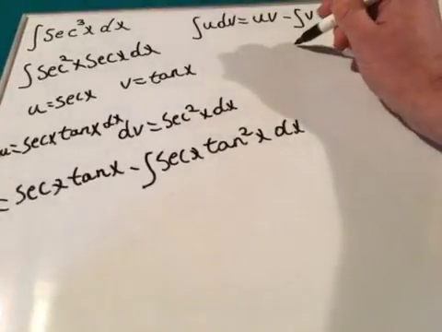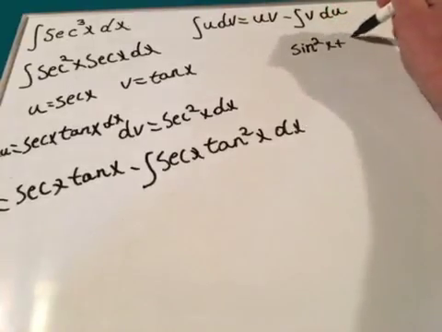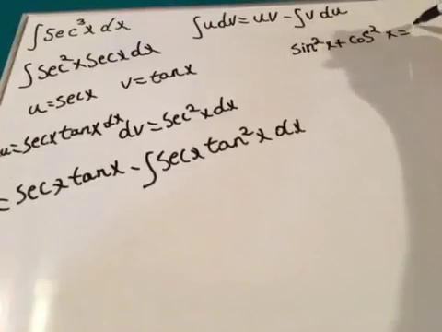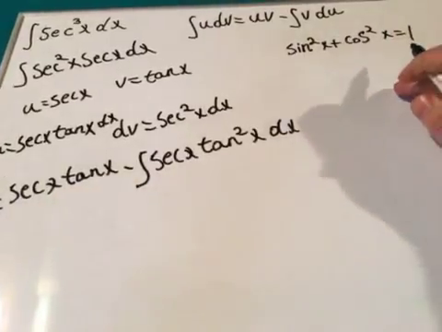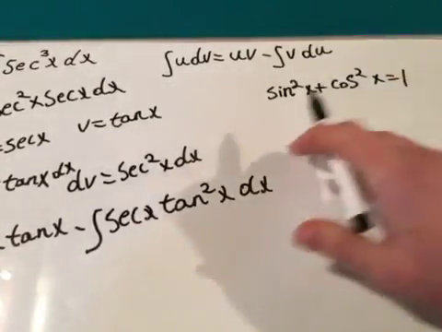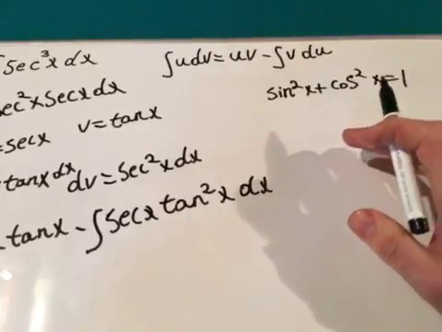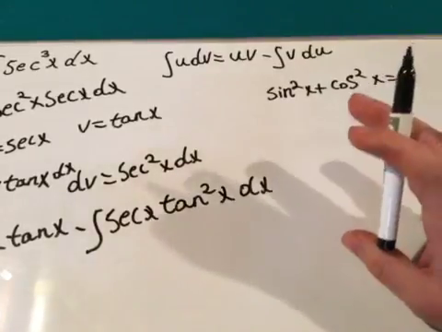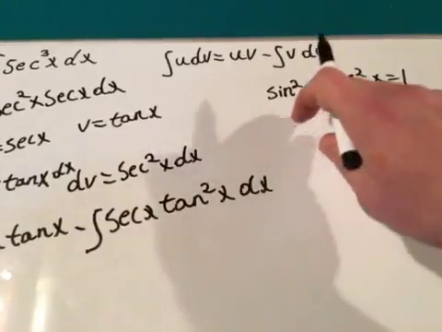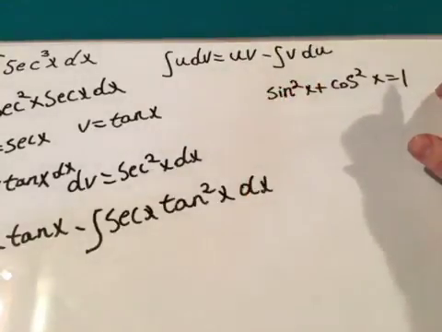The only one I memorize is sine squared x plus cosine squared x is equal to 1, right? That's always true. And that's the only thing I memorize. I don't memorize what tangent squared x is, what secant squared is. That's too much to memorize. I have no idea what that is, but I can always derive any of that from this equation.